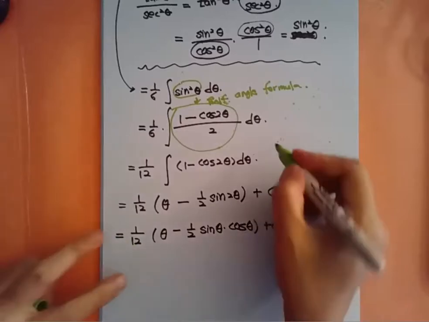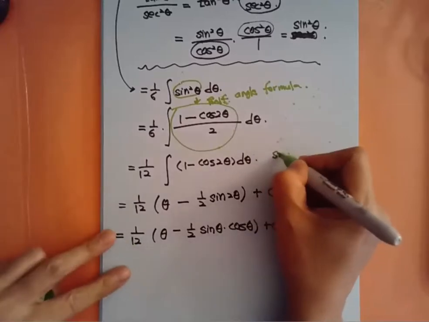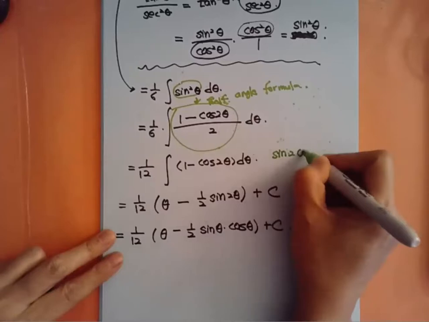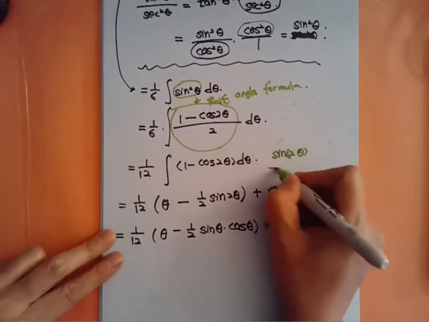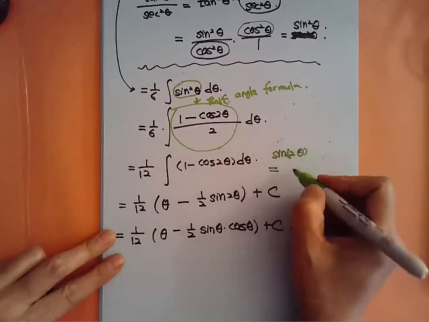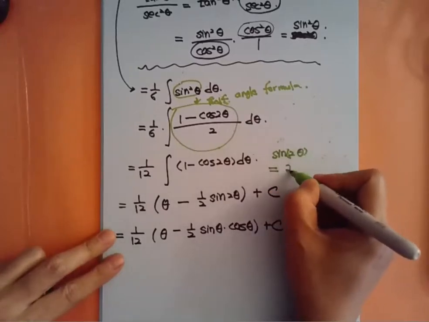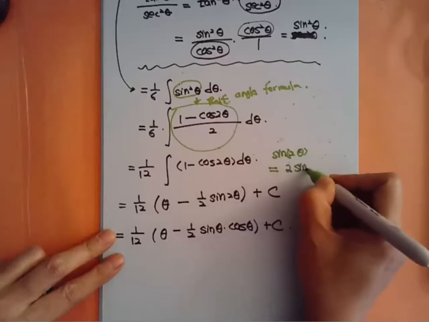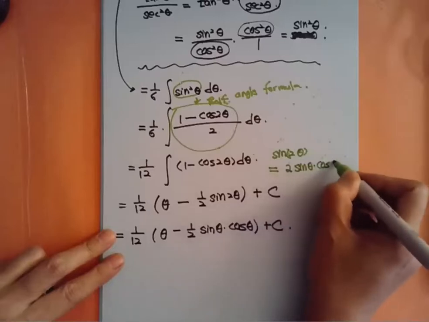Here, what I used is the double angle formula for sine. So sine of 2 theta can be written as 2 times sine of theta times cosine of theta.